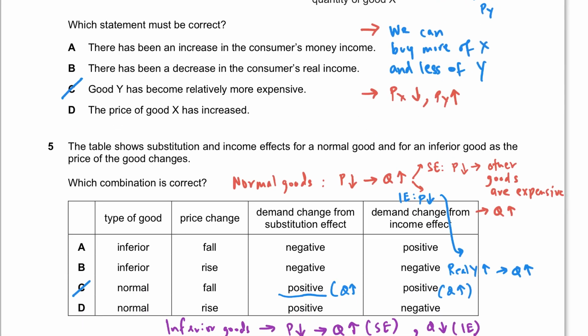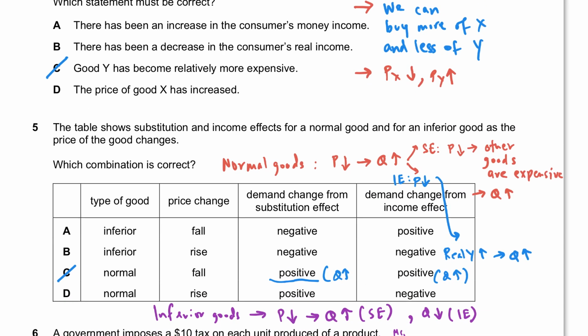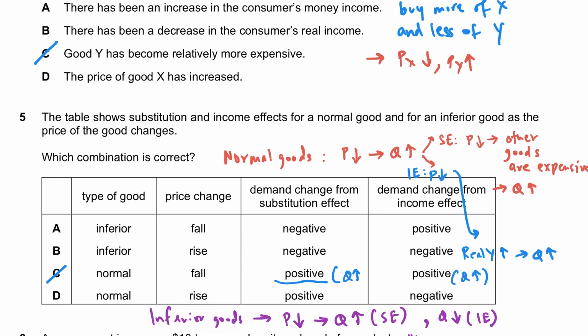In 5, they gave us a table, and they're asking us about income and substitution effect. The table shows substitution and income effect for a normal good and for an inferior good as the price of the good changes. Which combination is correct? Well, we know this: when the price of a good goes down, and if the good is normal, we know the substitution effect is buy more. The quantity going up means it's a positive substitution effect.